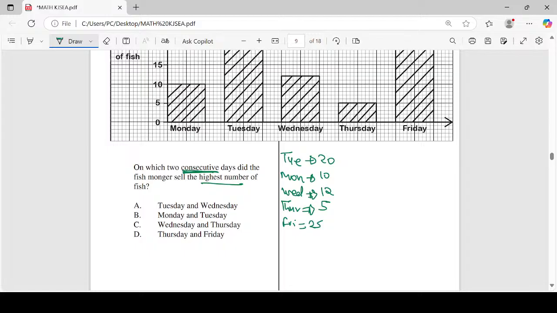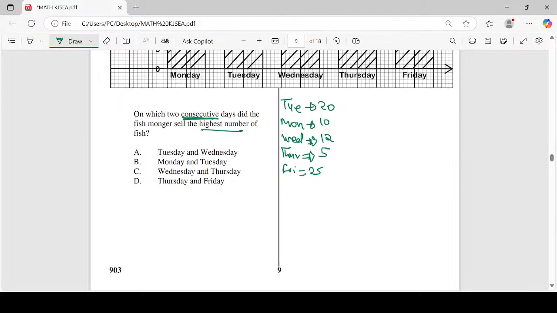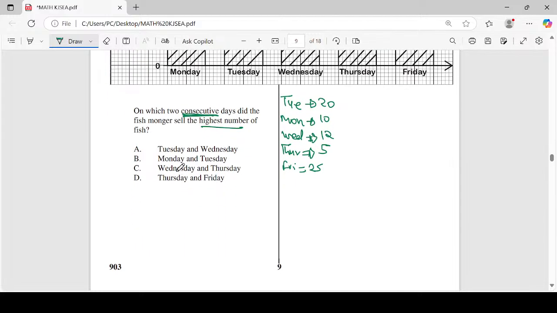Let's look for Monday and Tuesday. When I talk about Tuesday and Wednesday, when I take Tuesday plus Wednesday, Tuesday I had 20 plus Wednesday I had 12.